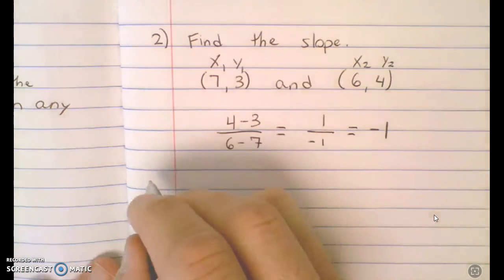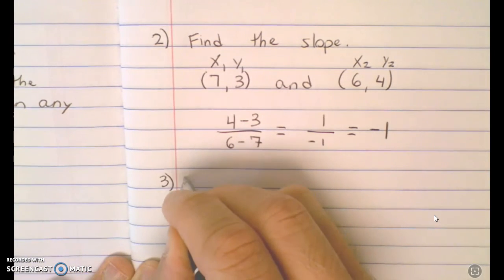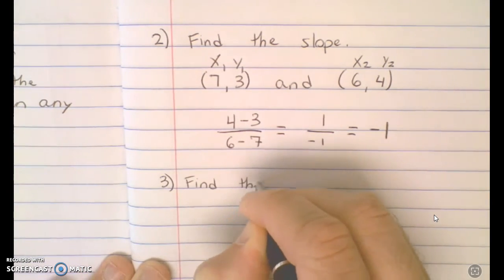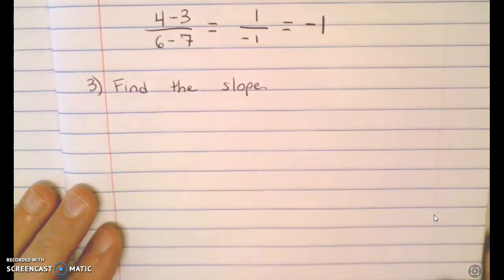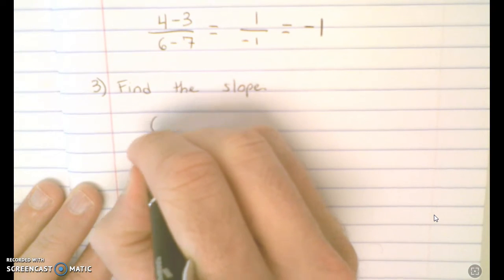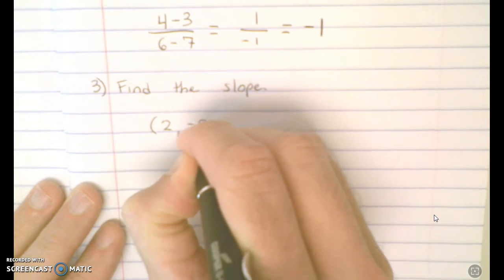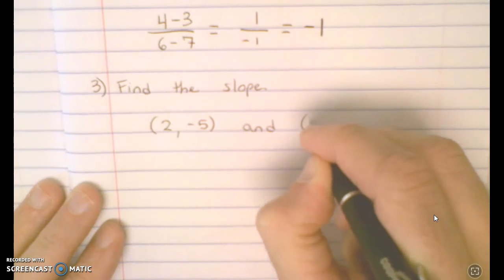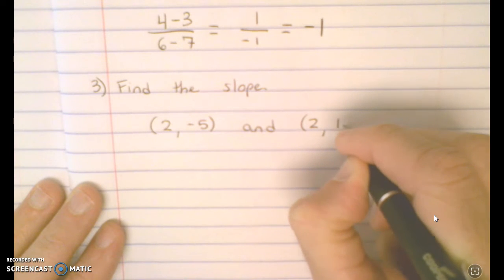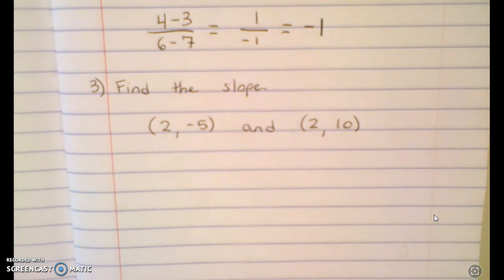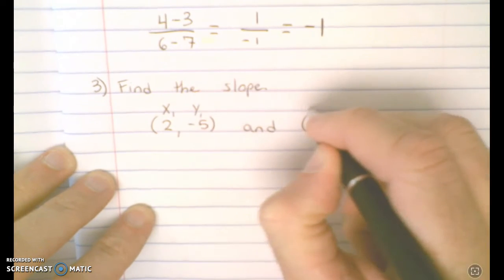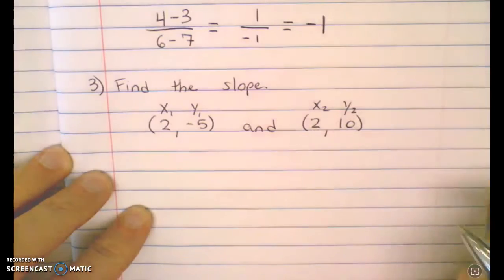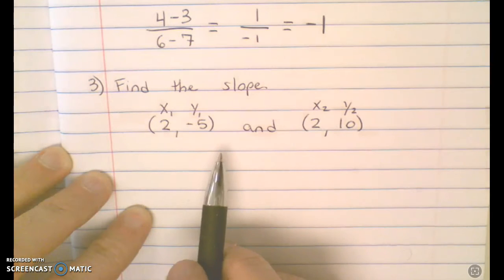Let's take a look at another example. Find the slope. This time I'll list my coordinates as 2, negative 5, and 2, 10. Same idea. I'm going to label my coordinates x1, y1, x2, y2, and we're going to set this up.